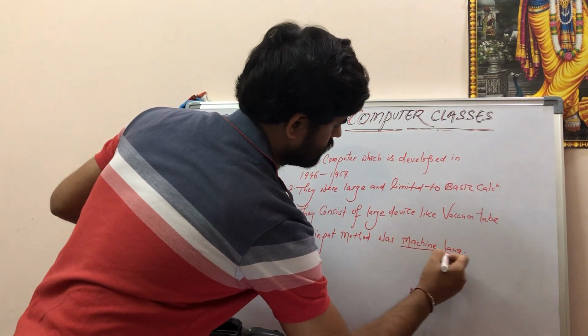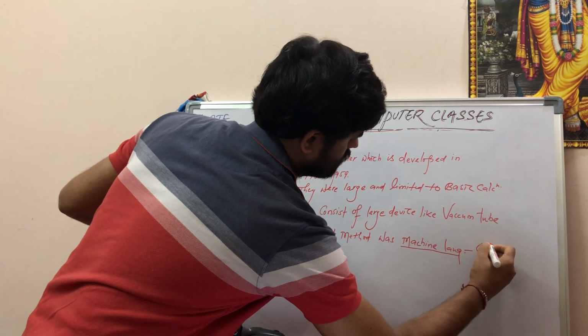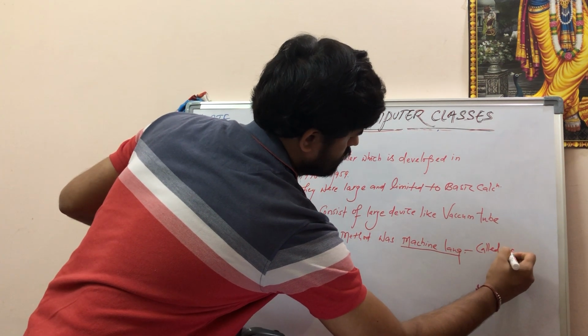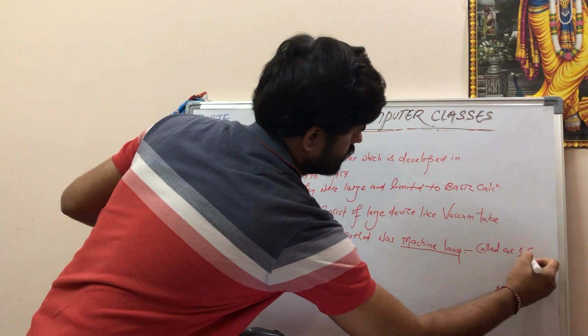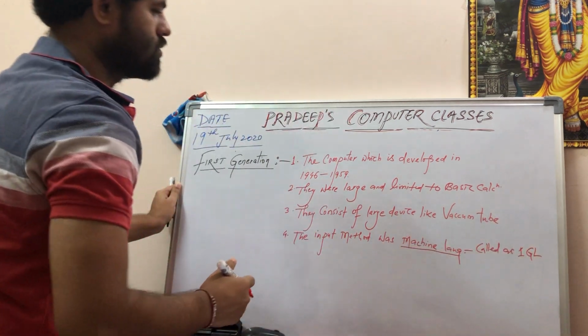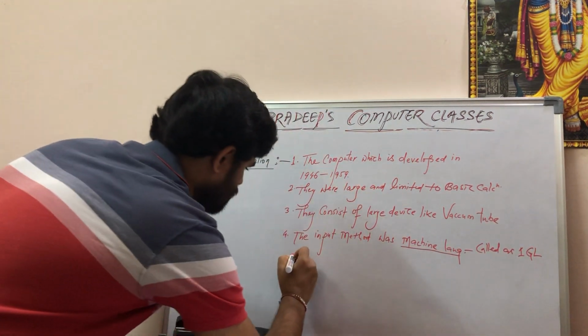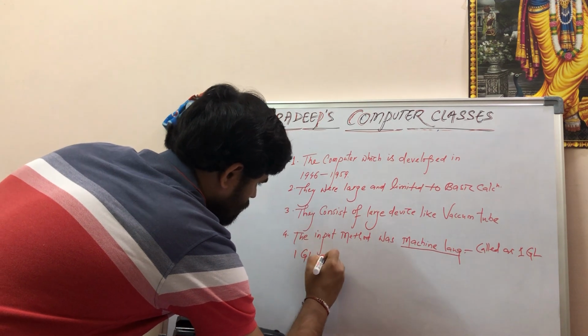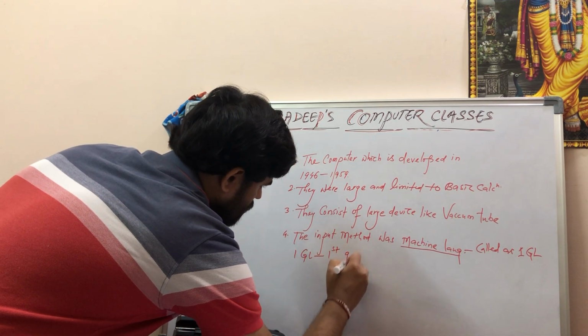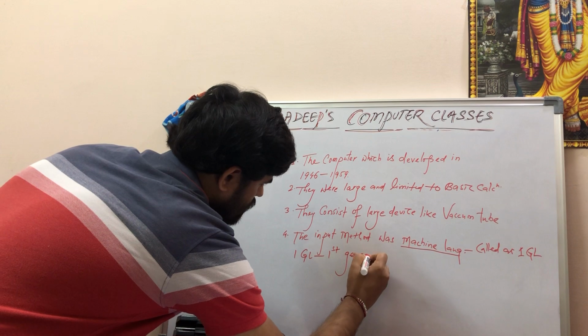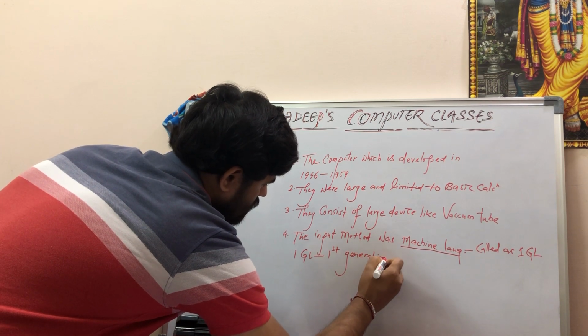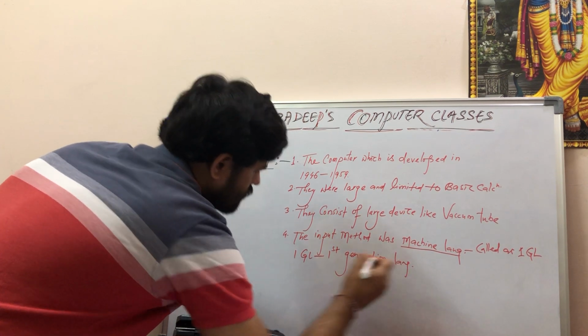This machine language is called 1GL. 1GL means first generation language.